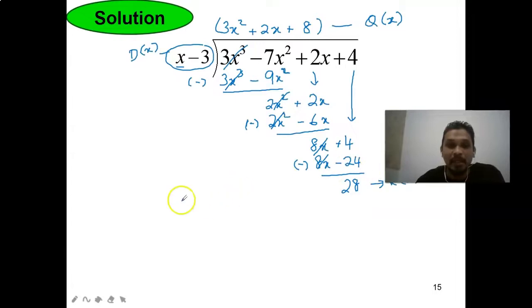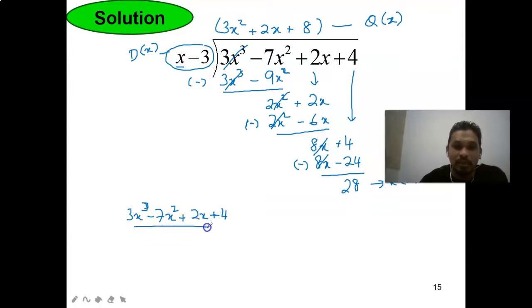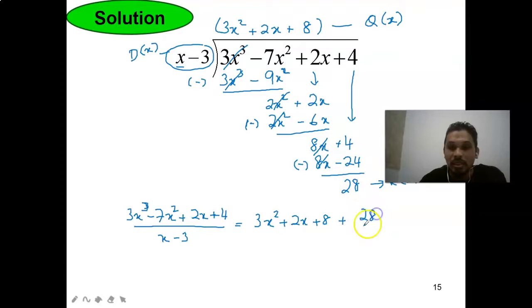So then here, it should be written down as 3x cubed minus 7x squared plus 2x plus 4 divided by x minus 3 equals, okay, so the quotient here, Q(x), 3x squared plus 2x plus 8, plus the remainder here, 28 divided by x minus 3.